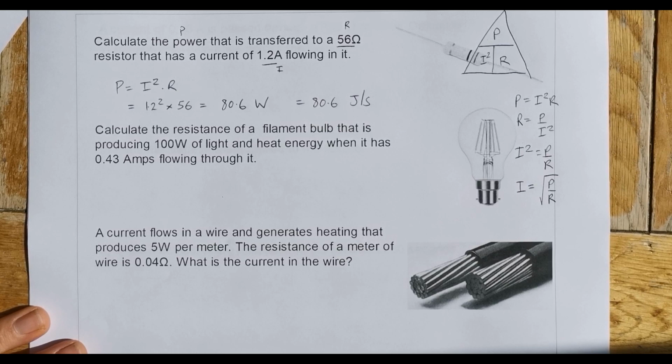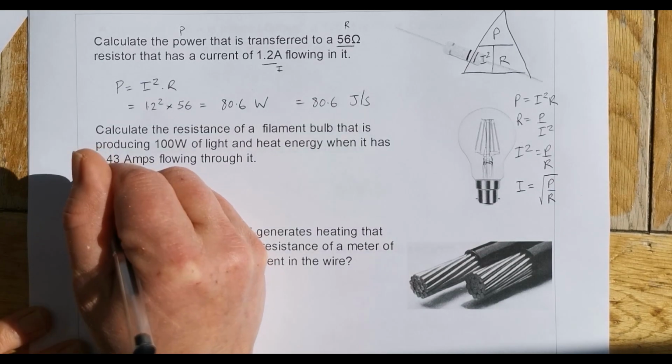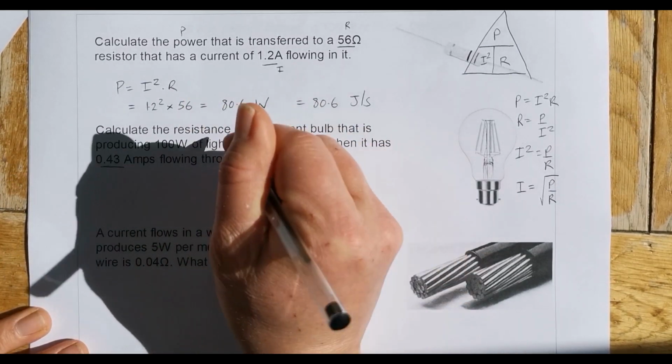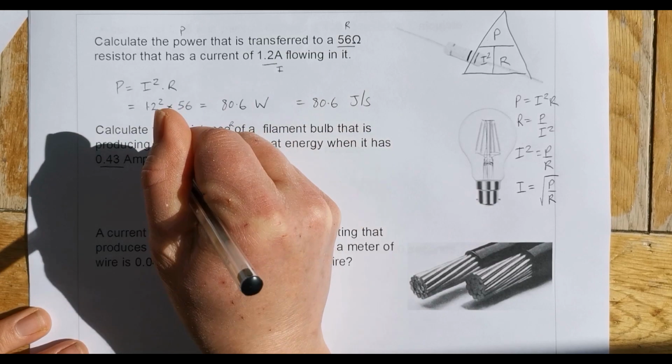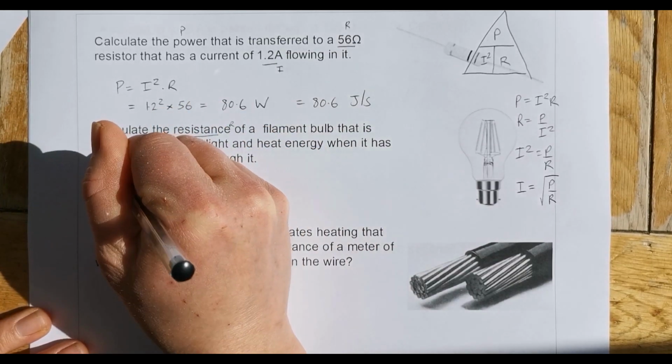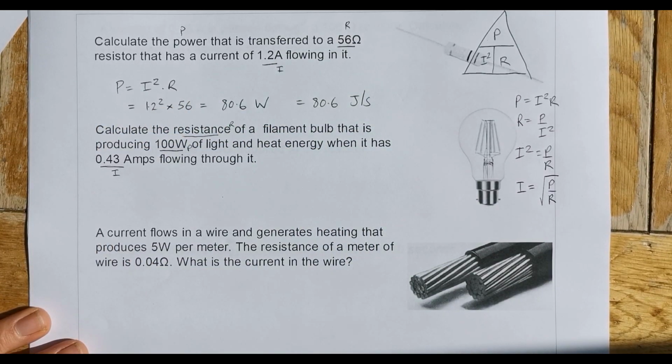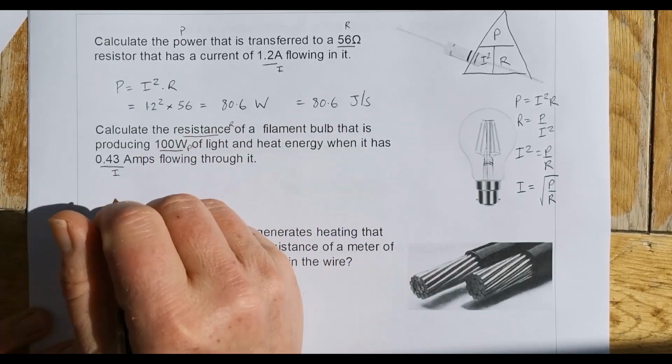Number 2, calculate the resistance of a filament bulb that is producing 100 watts of light and heat energy when it has 0.3 amps flowing through it. So we have to calculate resistance R, and we're being given P and I. So we're still going to use the P, I and R formula.